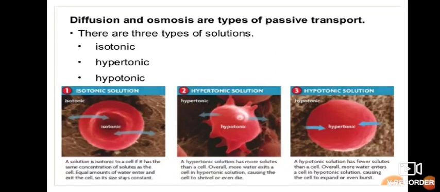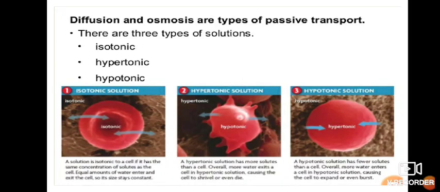Now, there are three conditions for diffusion or osmosis, which is a passive transport. Passive transport means there is no energy involved. What will happen if you put an animal cell or a plant cell into a solution of sugar or salt in water? One of the three conditions could happen.